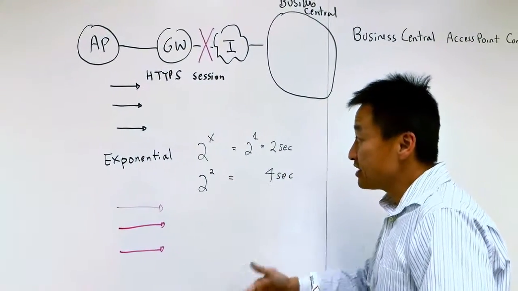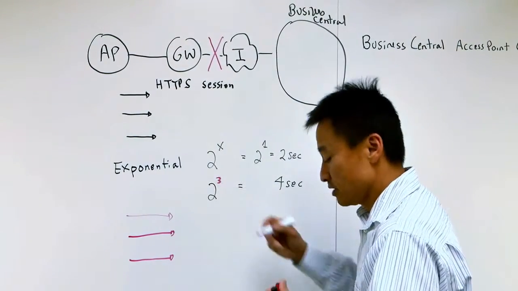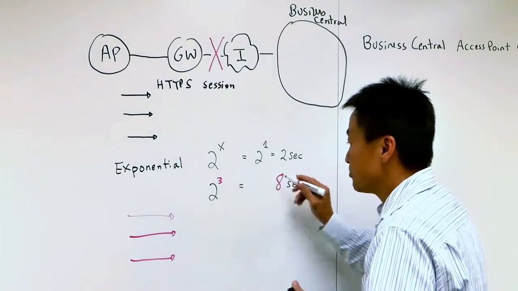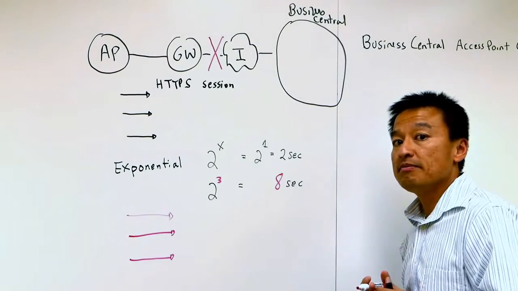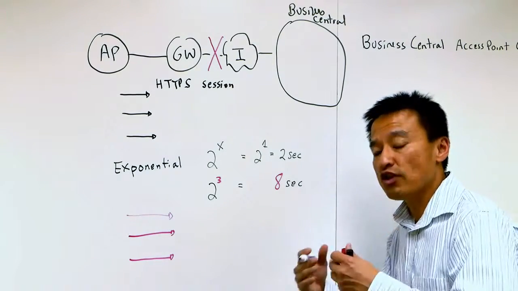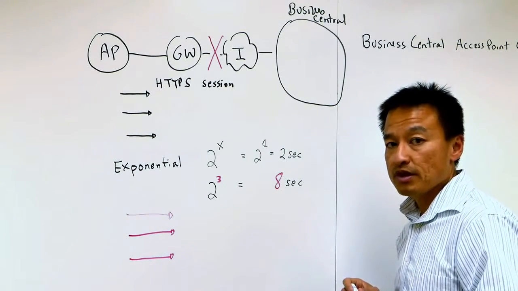The third time is 2 to the third, 8 seconds, and so on, increasing the gap between these messages over the environment. That way you don't incur excess traffic, and eventually you are going to be able to connect to Business Central.